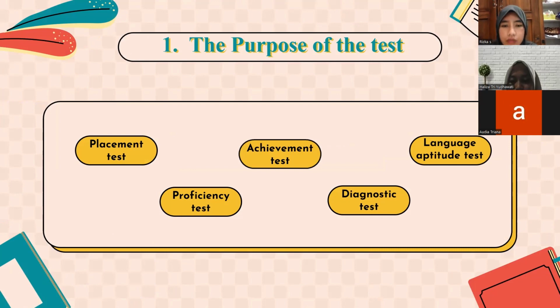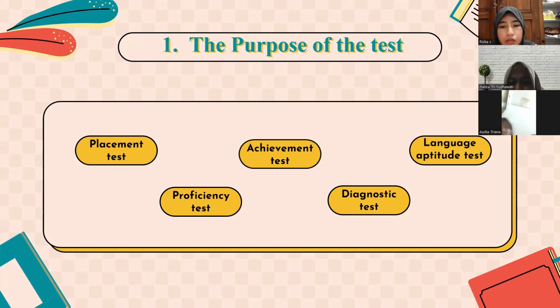Each type of test has its own specific goals and applications. And here's an overview of the purpose of different grammar and vocabulary tests. The first is placement test. The purpose of placement test is to assess a learner's current language proficiency level and determine the most suitable class or course for them.